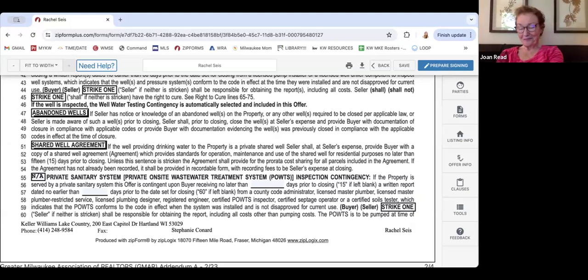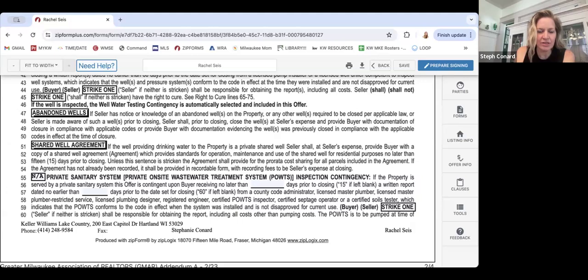And then I also want to make a comment with the sanitary system inspections, the well system inspection, and the well water testing. Obviously you're only going to include those if those components are a part of the property.